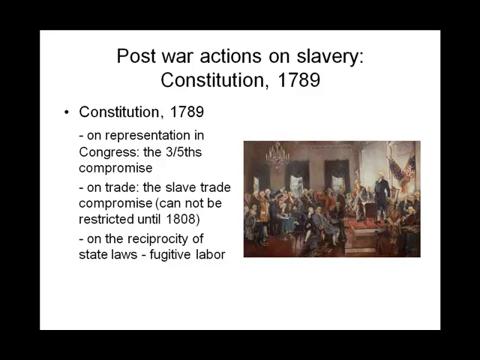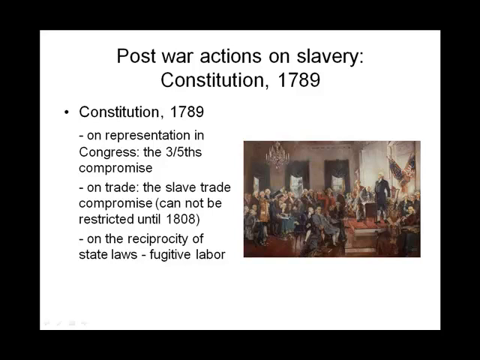They would have the power to, if we read the whole thing, regulate the migration or importation of such persons. Here they're referred to as such persons. Right? That could be regulated, but it could not be regulated until 20 years after the document was ratified.